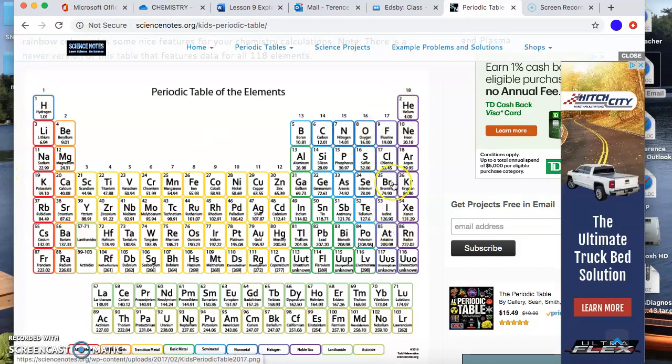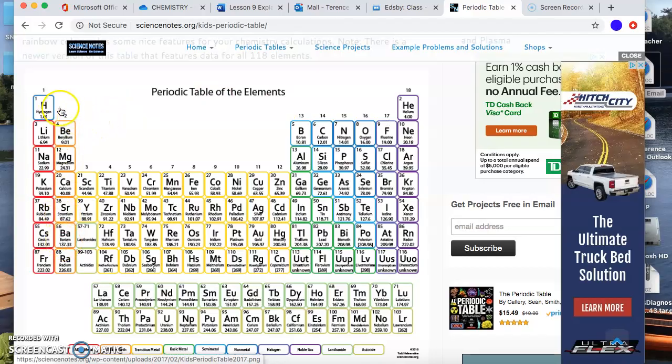Our halogens over here, they have 7 out of 8 electrons in their outer orbit. If they could get 1 more electron from somewhere else, they would then have 8 out of 8 in a full outer orbit. And because it's easy to get just 1 electron, that's what makes them super reactive.